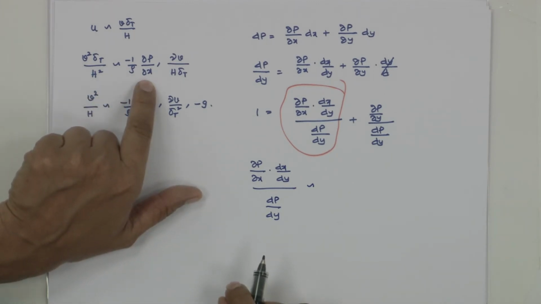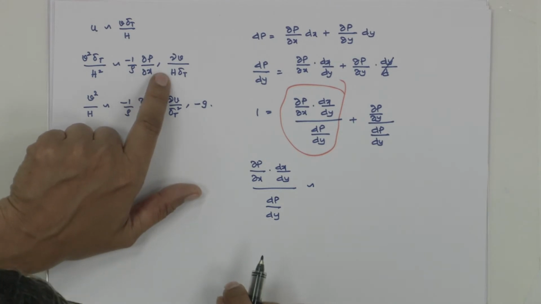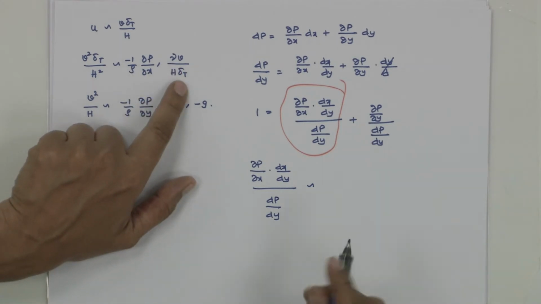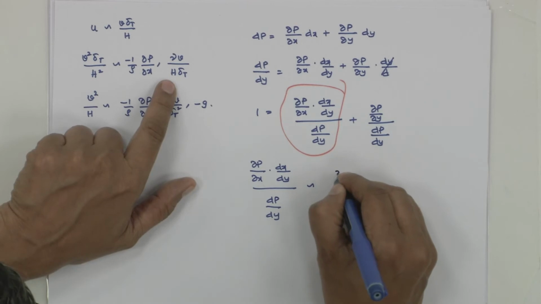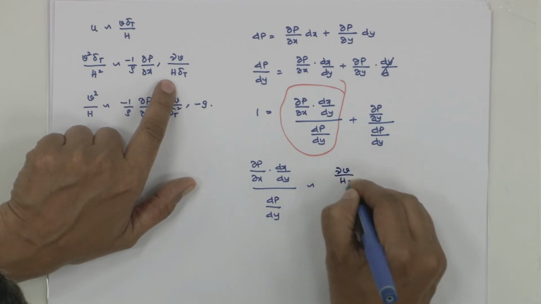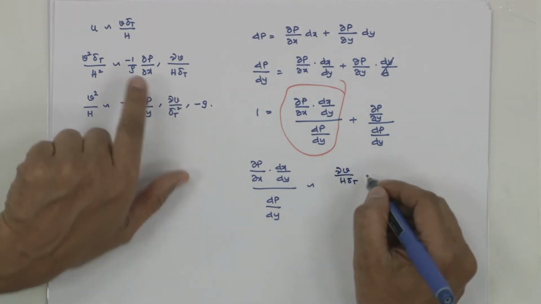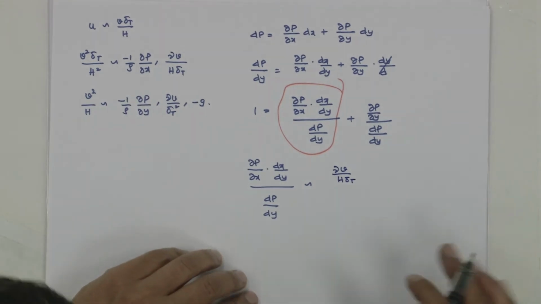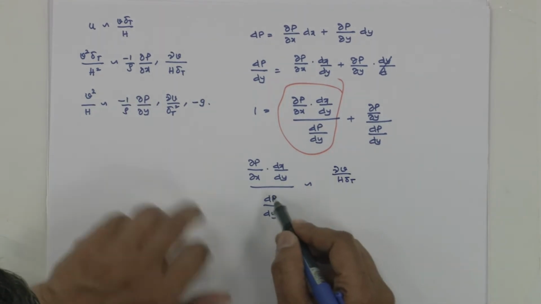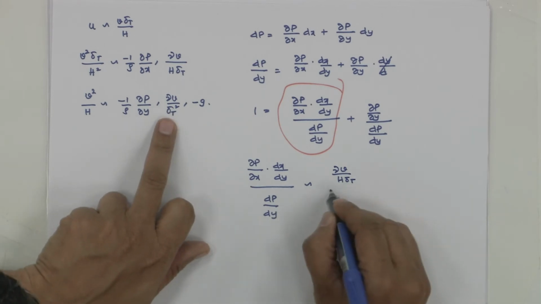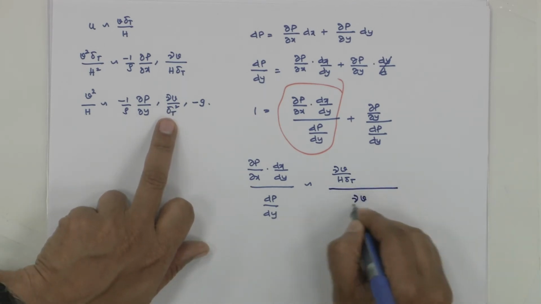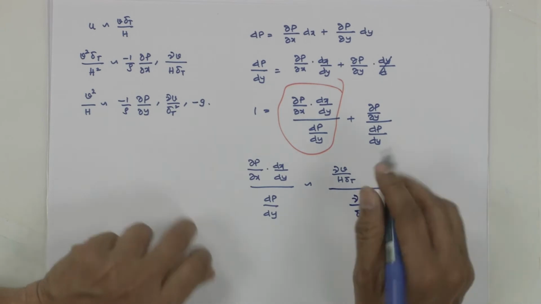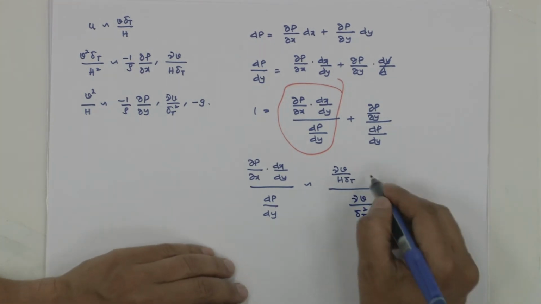Del p by del x would be of the same order as the viscous term, so that is nu V by h delta t into rho. Actually I should do that, but I don't, because for the denominator dp by dy I will also take the scale as nu V by delta t squared, so that way rho would have cancelled out, and I wouldn't have made any mistake.